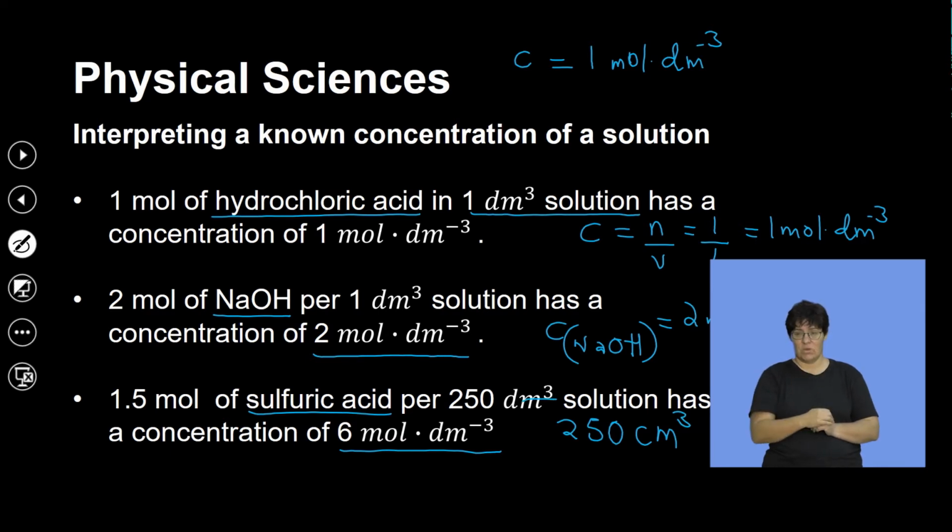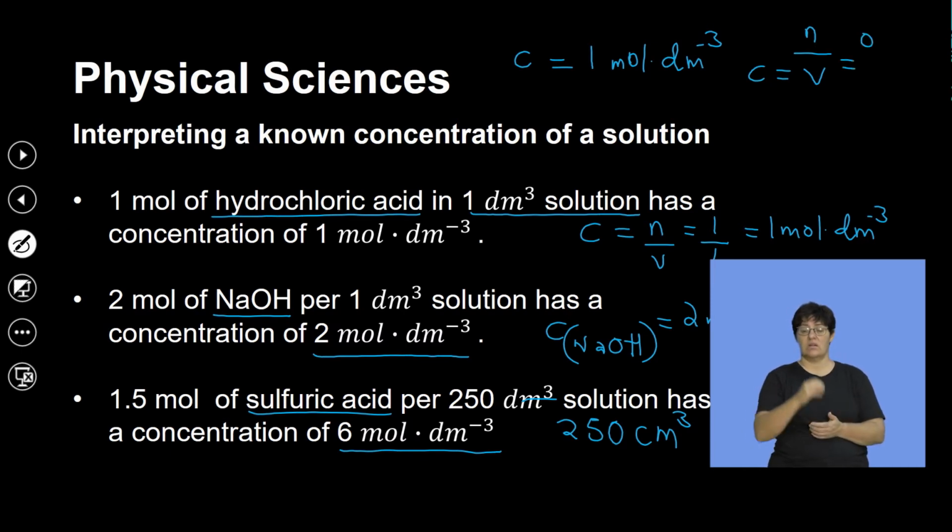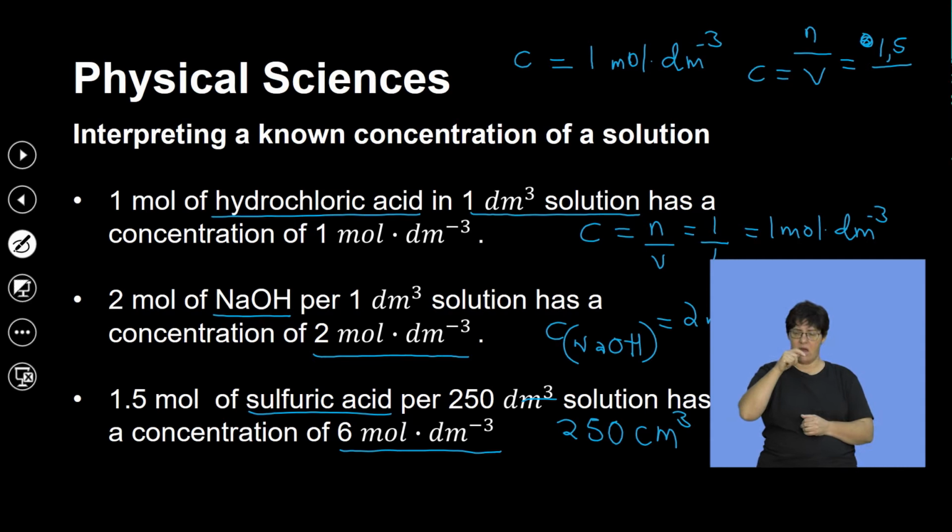So what do we have? We've got 1.5 moles. Concentration is number of moles over volume. In this case, it's 1.5 moles divided by 250 cubic centimeters. I just wanted to focus on the conversion there.